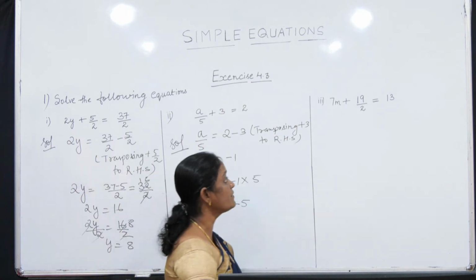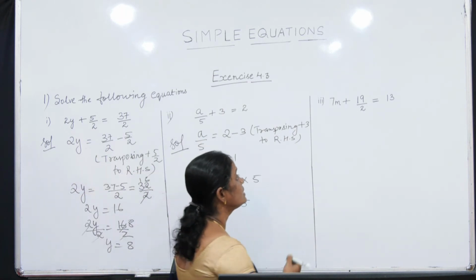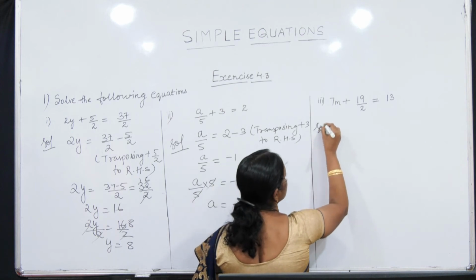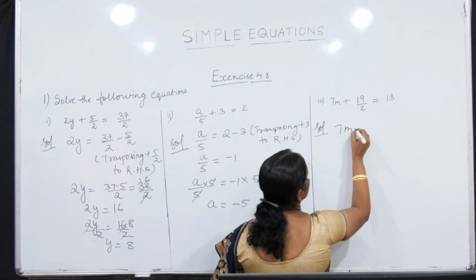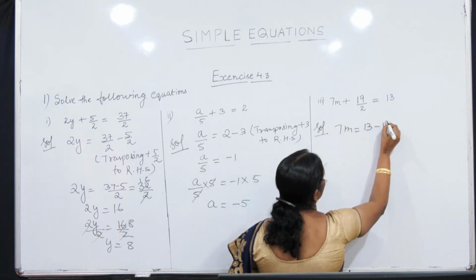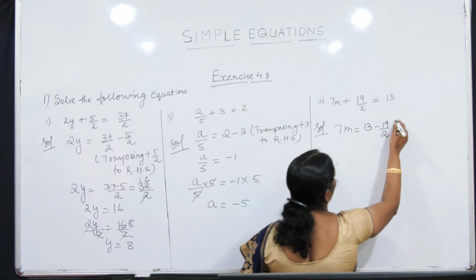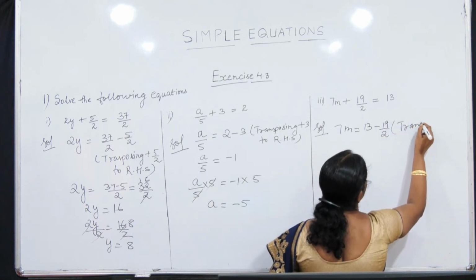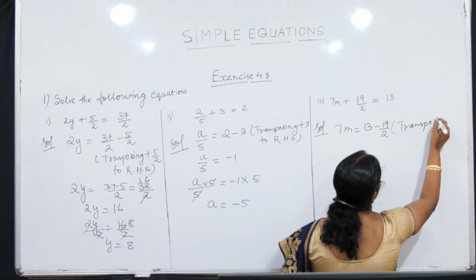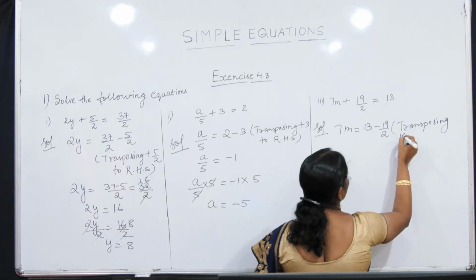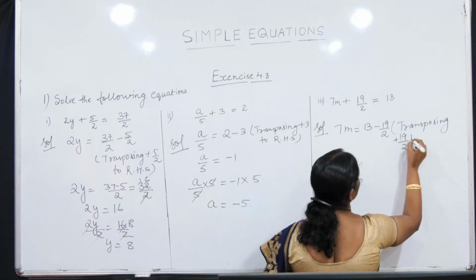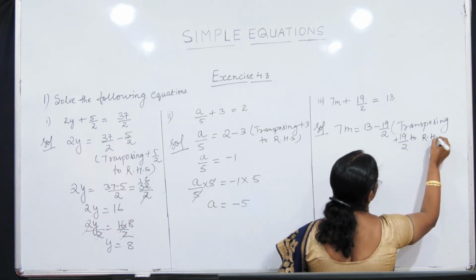Next, the third one is 7m plus 19 by 2 is equal to 13. So here 7m is equal to 13 minus 19 by 2, transposing plus 19 by 2 to RHS.